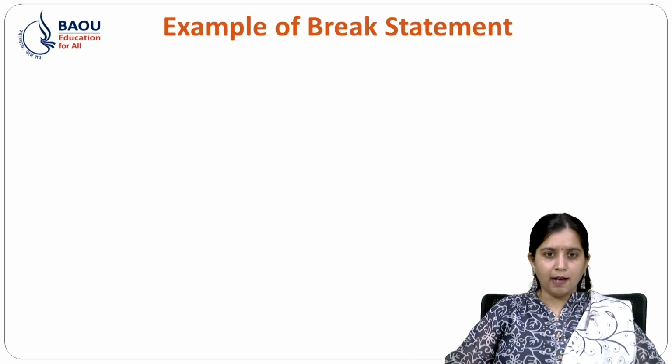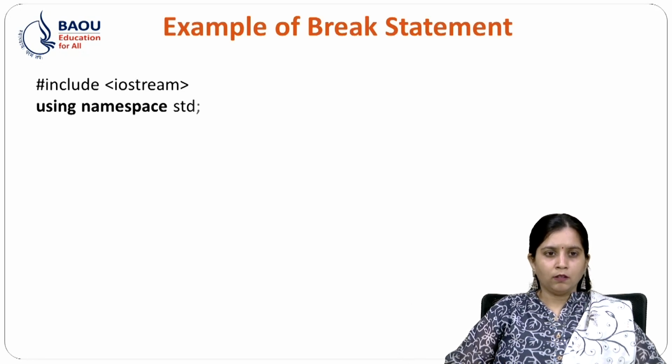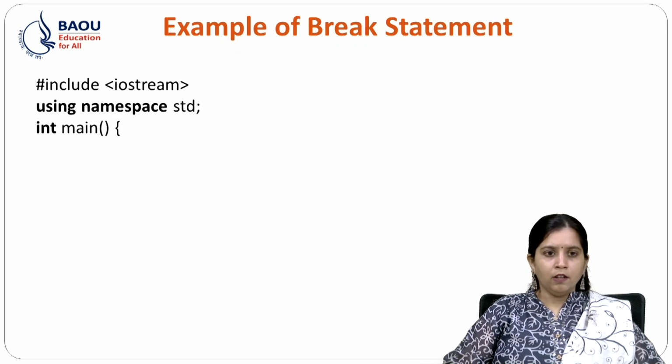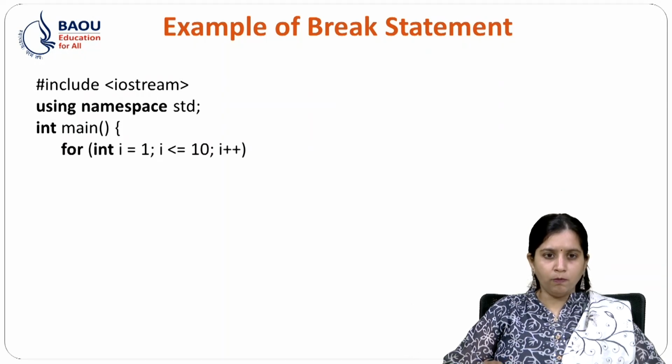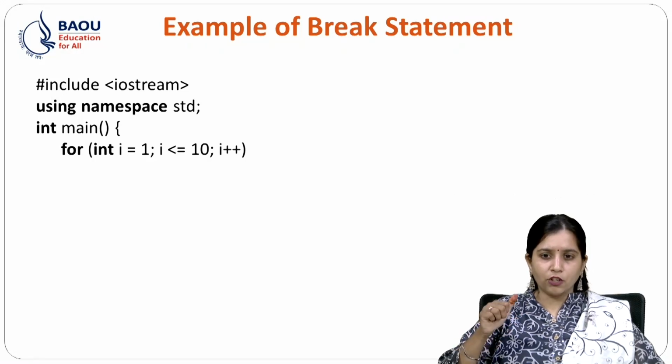So let's see an example of break statement. First of all, we will include our iostream. After that, using namespace std, in int main we have initialized one for loop, that is i is equal to 1, i is less than or equal to 10 and i++. First we will initialize our i with the value 1.